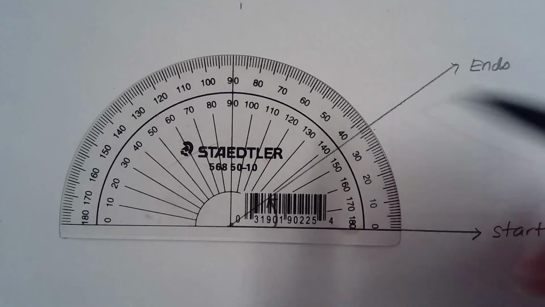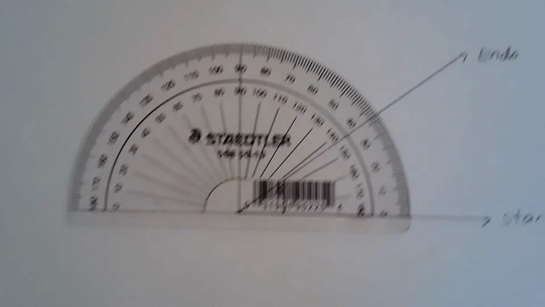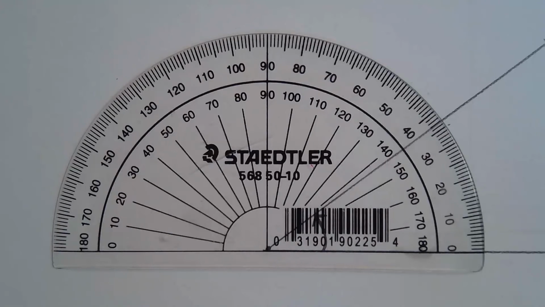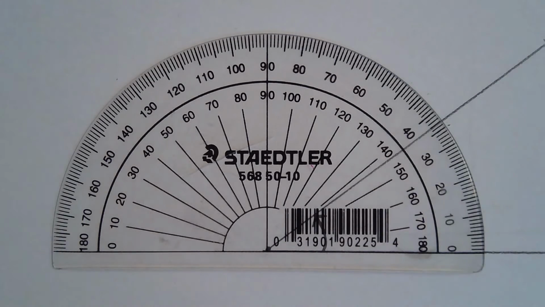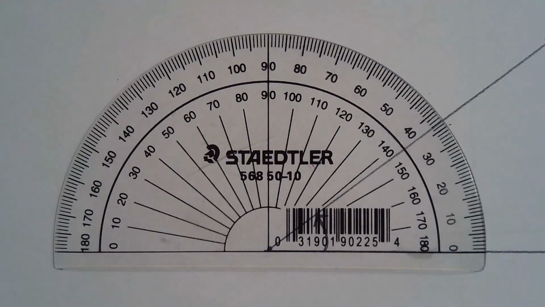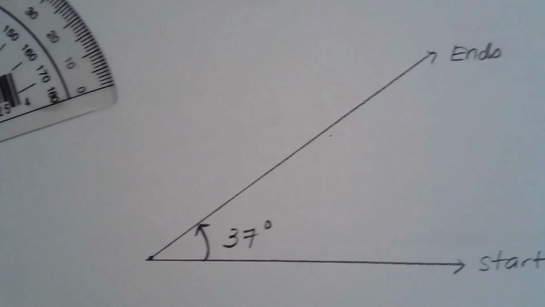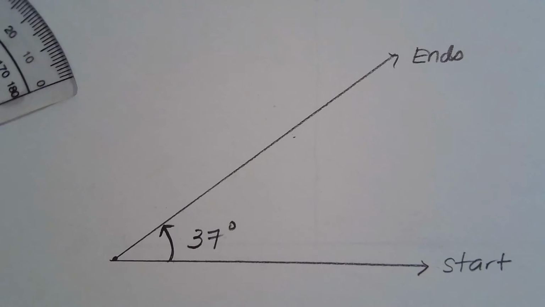There's 36, 37. I gotta make it even closer. Yeah, so that one is, I'd say 37, right? I know from where you're sitting, it might be a little bit far, but it's about 37 degrees. So this is 37 degrees. Good. Okay.